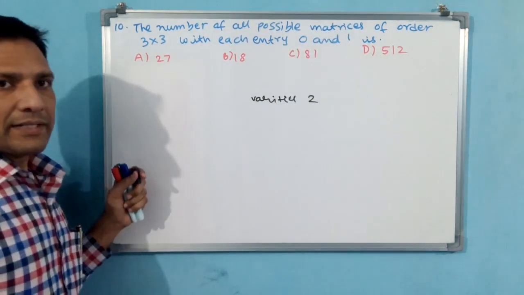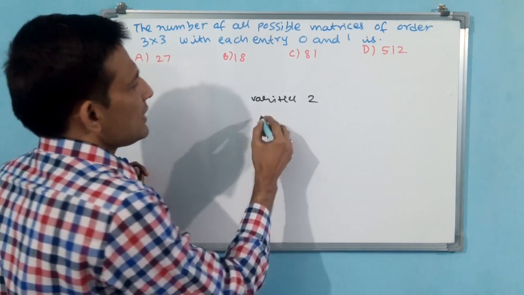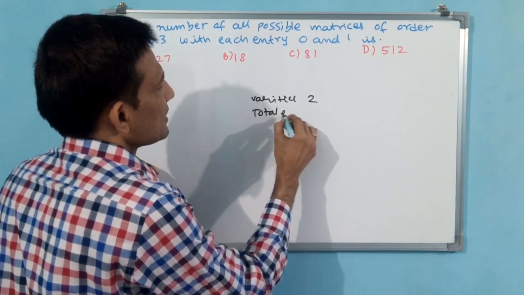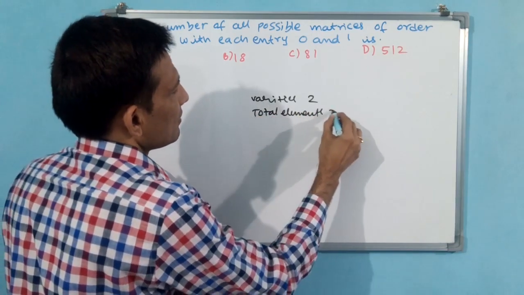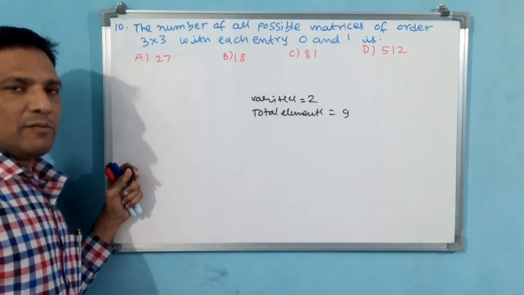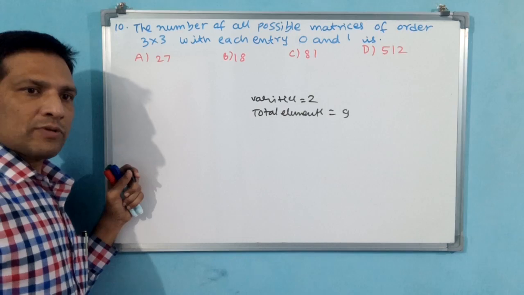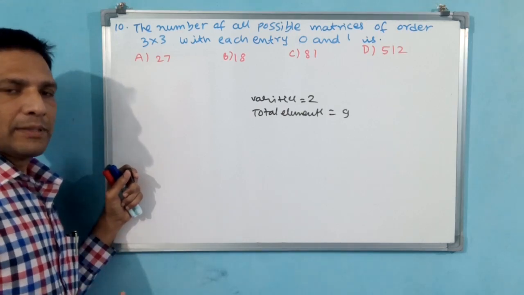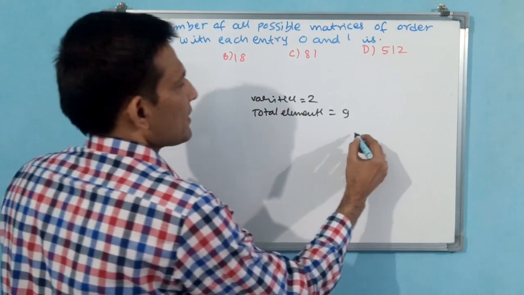Total how many elements are there? A 3 by 3 matrix means total 9 elements will be there. Two varieties you have to take for 9 elements. Then it comes to 2 power 9.